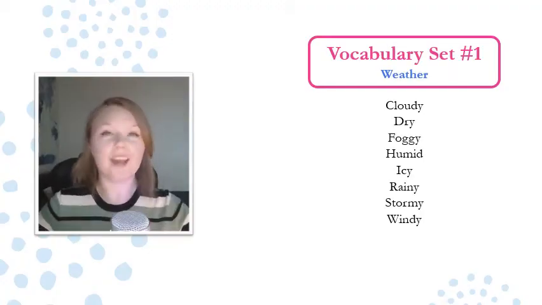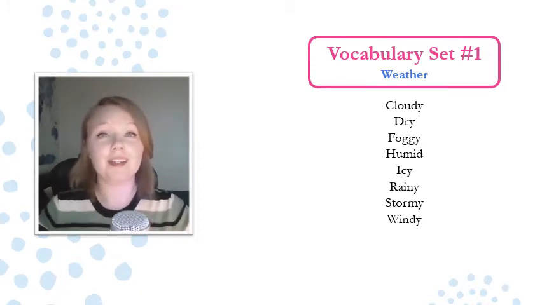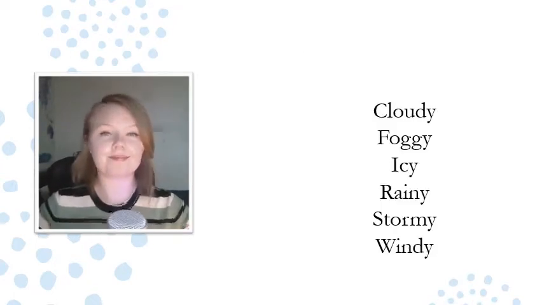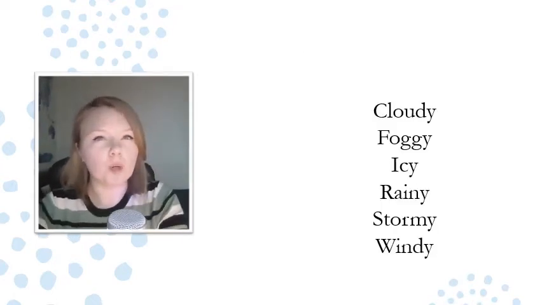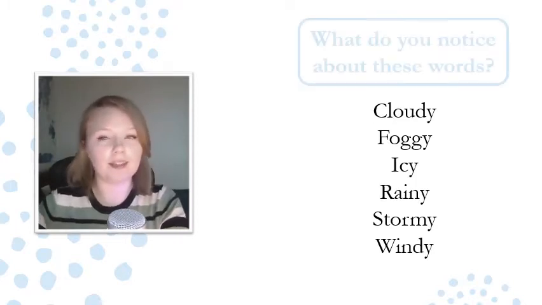Let's review our 8 vocabulary words from vocabulary set number 1. Cloudy, dry, foggy, humid, icy, rainy, stormy, and windy. There are 6 words from our vocabulary set that have something in common.